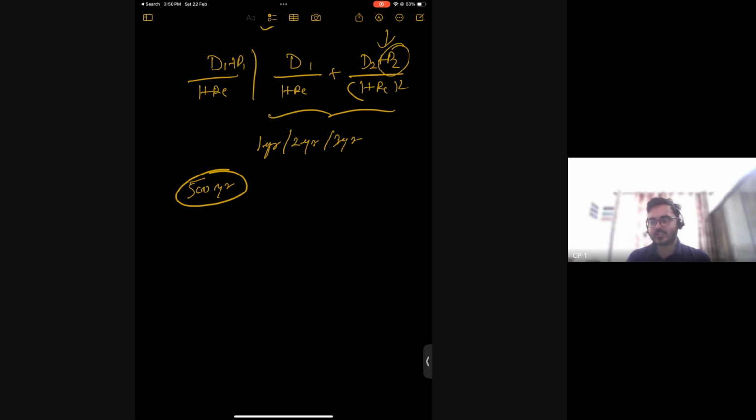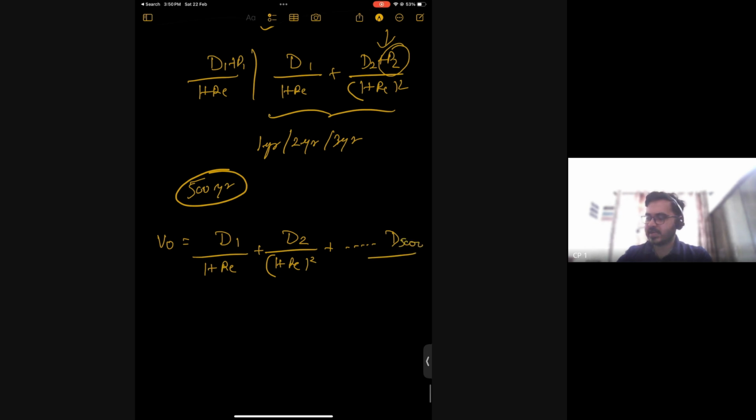So in order to solve for that, if I were to ask you what is the actual value, the value will be just by the normal model which I was using. The actual value will be D1 by 1 plus RE plus D2 by 1 plus RE whole square, and it keeps on going forward, plus D5000 by 1 plus RE to the power of 5000, right?